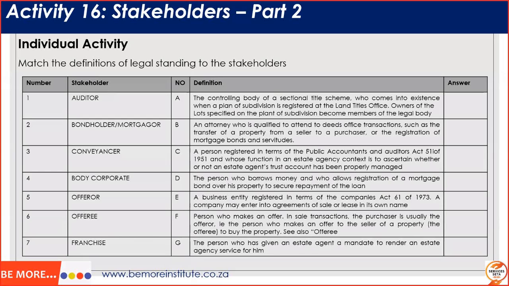On the definition side, we have under C, a person registered in terms of the Public Accountants and Auditors Act of 1951, whose function in an estate agency context is to ascertain whether or not an estate agent's trust account has been properly managed.